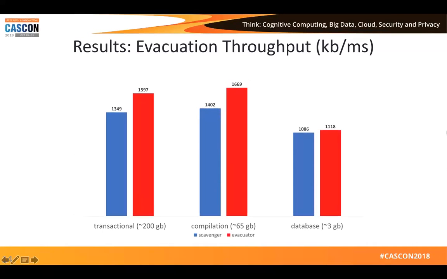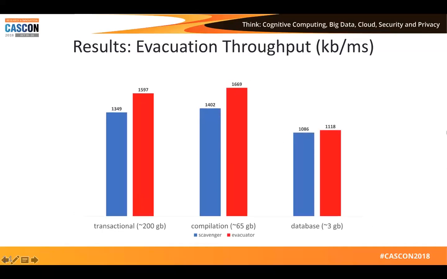Both Scavenger and Evacuator struggle with this workload because at steady state, after it's taken its in-memory database through the nursery, flipped through the nursery 14 times and finally dropped it into tenure and goes down to steady state, the size of the live sets that are presented in each generational collection are tiny.